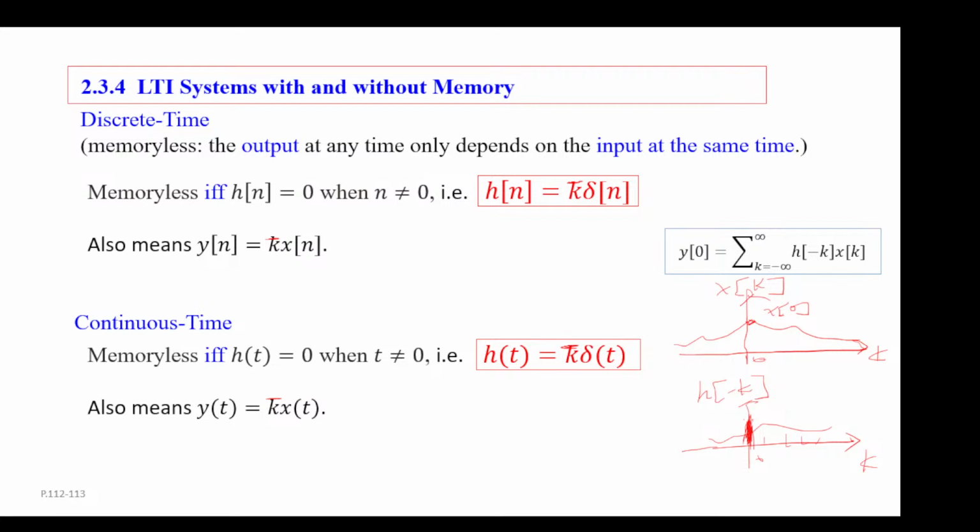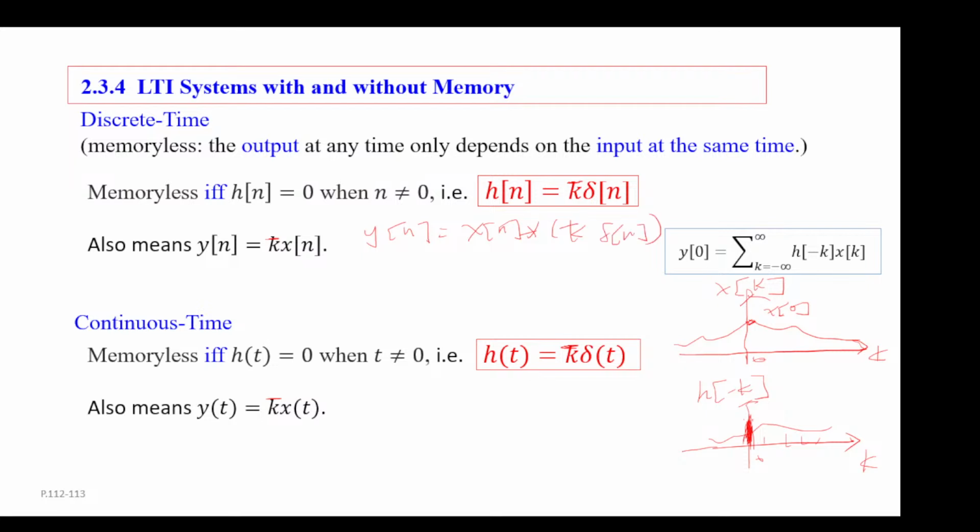To derive this result, we have y of n equal to x of n convolved with k bar delta of n.